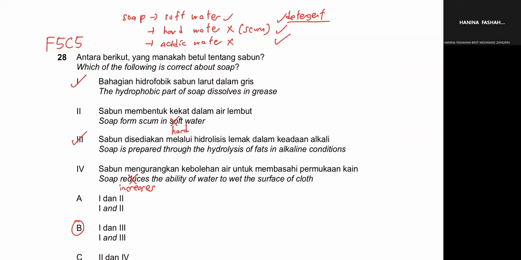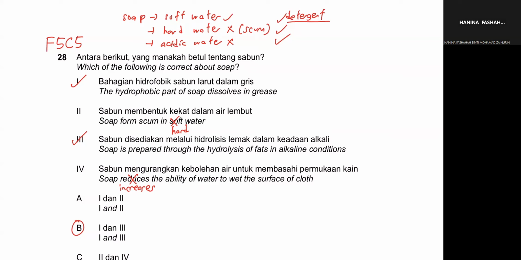So you can only use soap to wash your clothes in soft water. But hard water, for example mineral water, the water in the sea, the water in a well, cannot wash. Because hard water has two ions, Mg2+ and Ca2+.